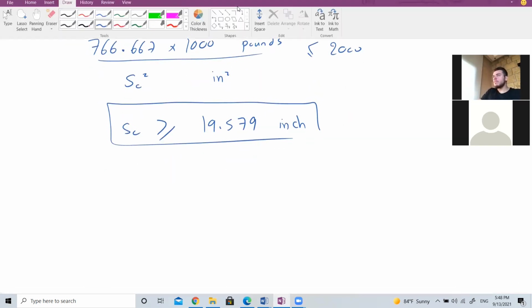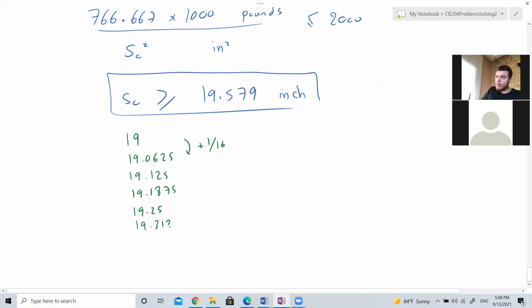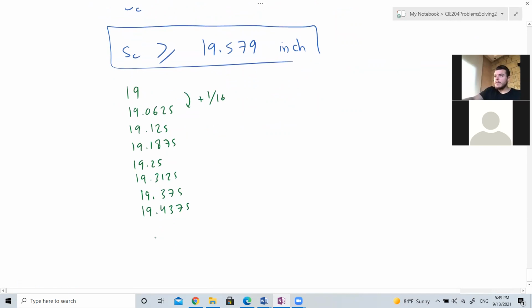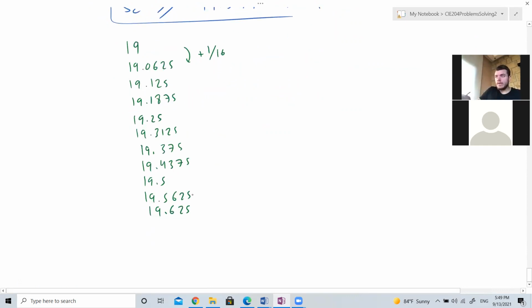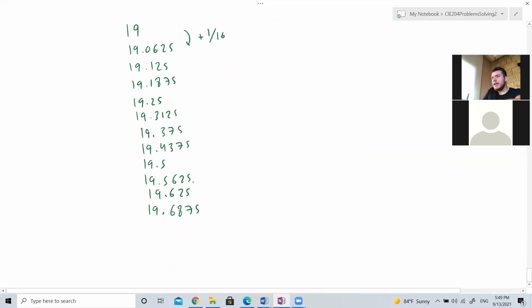Understood? Yes. Or you can choose 19.0625, which is plus 1/16, or 19.125, or 19.1875, or 19.25, or 19.3125, or 19.375, or 19.4375, or 19.5, or 19.5625, or 19.625. Which do you choose? One bigger than 19.579.